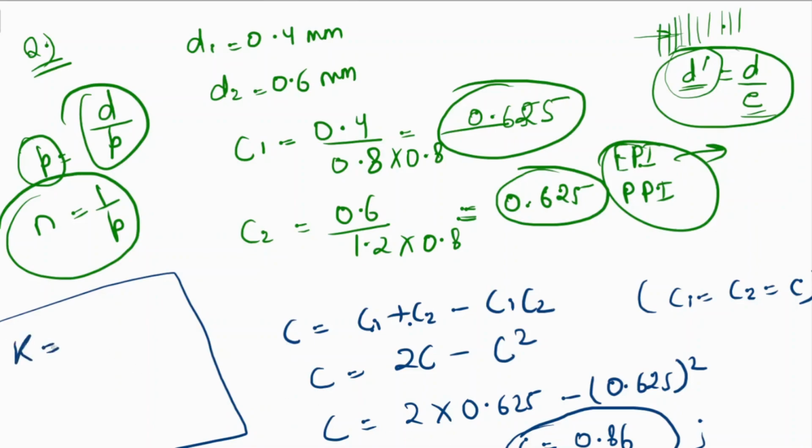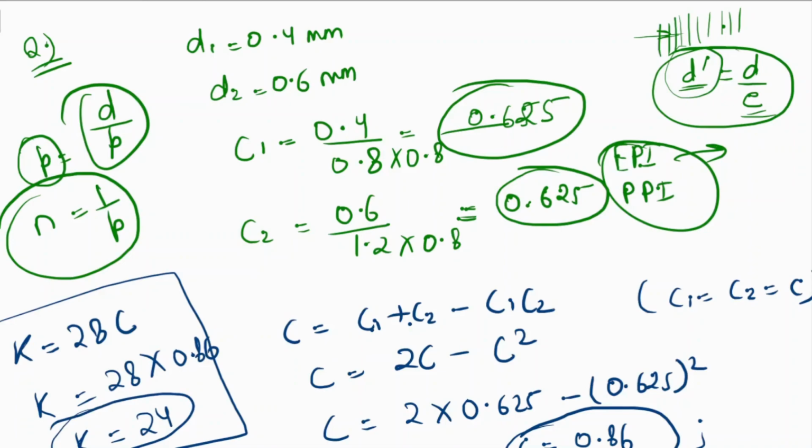If I talk about the cover factor, it is K, which is equivalent to 28 times C. So 28 into 0.86, if you calculate, comes out to be approximately 24. This is the cover factor, and this is basically the answer.